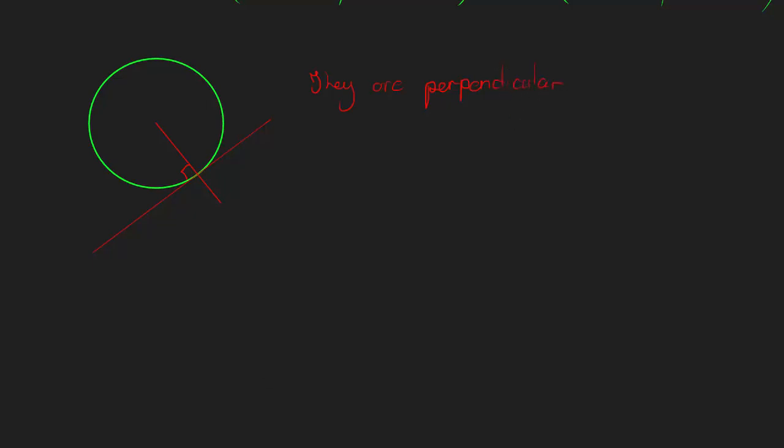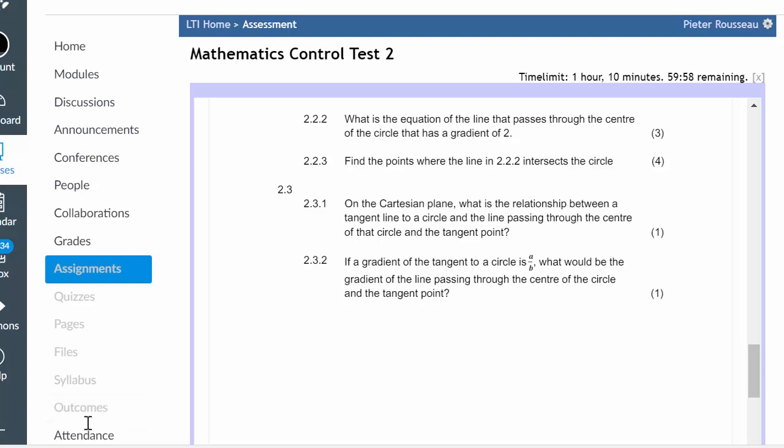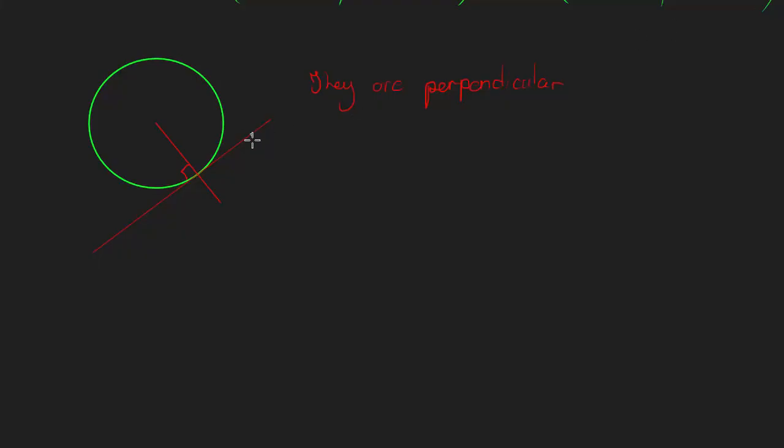Okay. Next question. If the gradient of the tangent to a circle is a over b, what would be the gradient of the line passing through the center of the circle and the tangent point? So in other words, if this one's gradient is a over b, what would this one's gradient be? If you didn't know, the gradient of the tangent times the gradient of the radius is equal to -1.